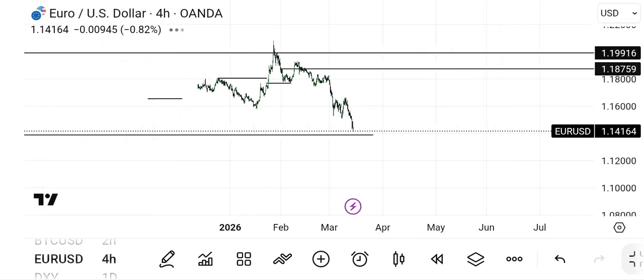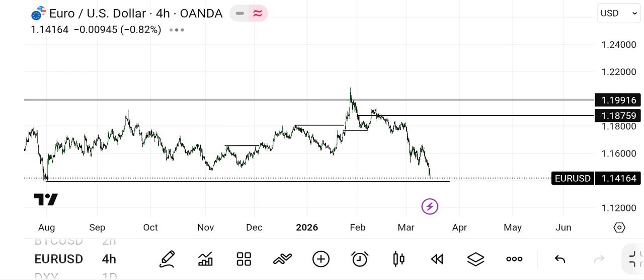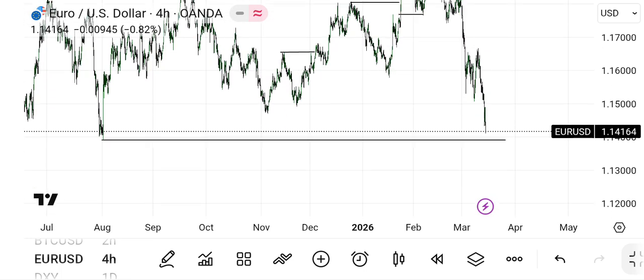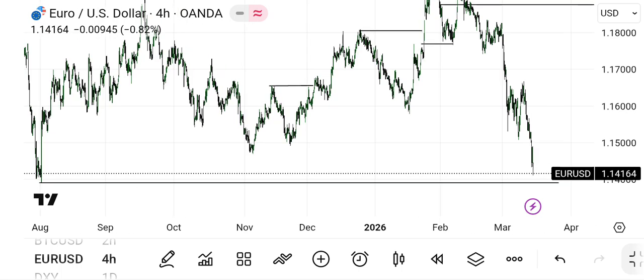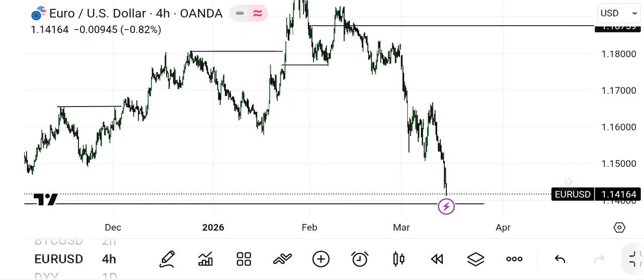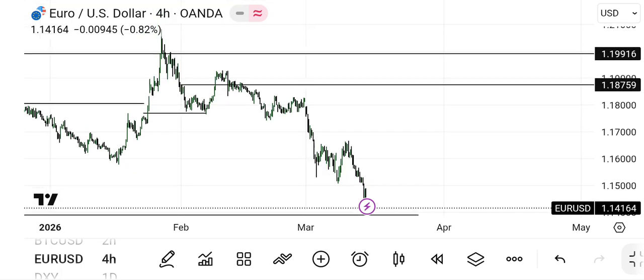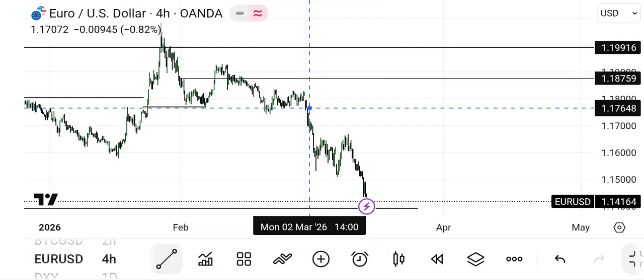Here we are on a 4-hour time frame. If you are about to take this move in order to get this sell opportunity, let me show you this.